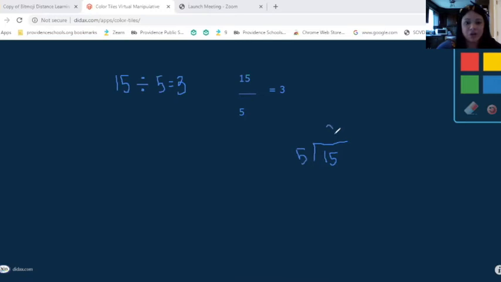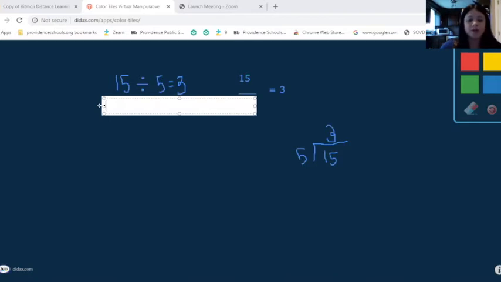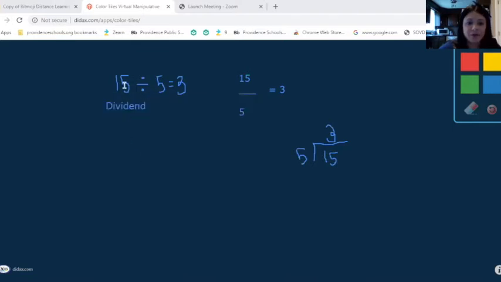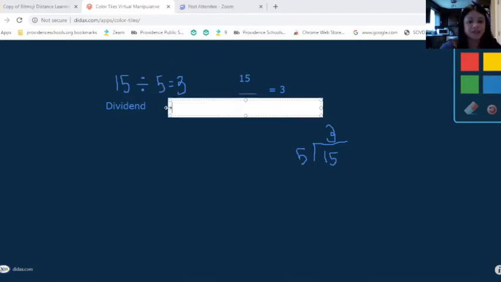Now, to go over the important vocabulary for division, this first number, when you're using your typical division symbol, is called the dividend. And the dividend is the number that you're dividing into. The next number that comes after the division symbol is called your divisor.